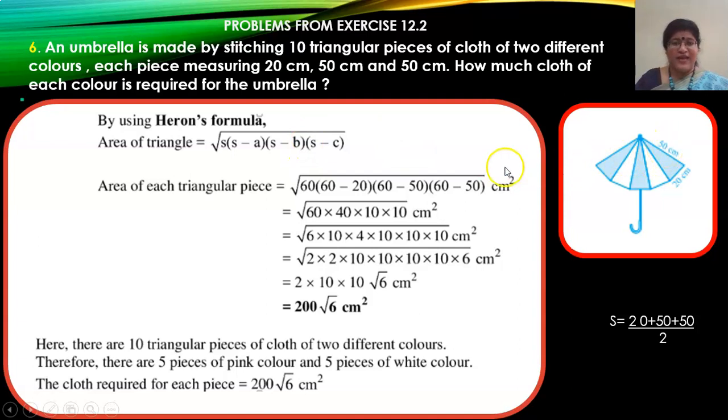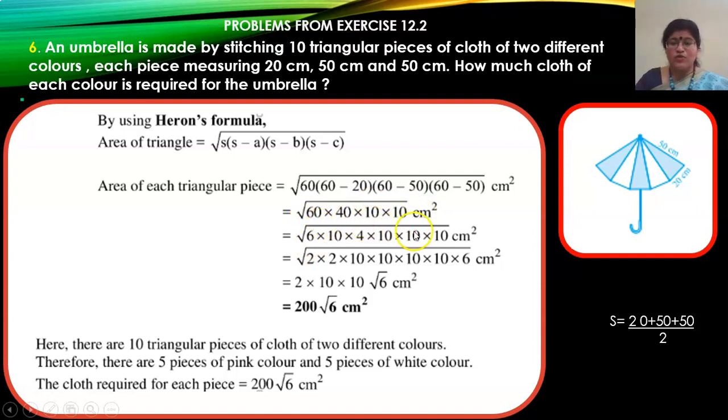So you have a as 20, the smallest value here is a. Then b is 50 and c is also 50. So you substitute the values. After you subtract, this is what you get: 60 into 40 into 10 into 10.